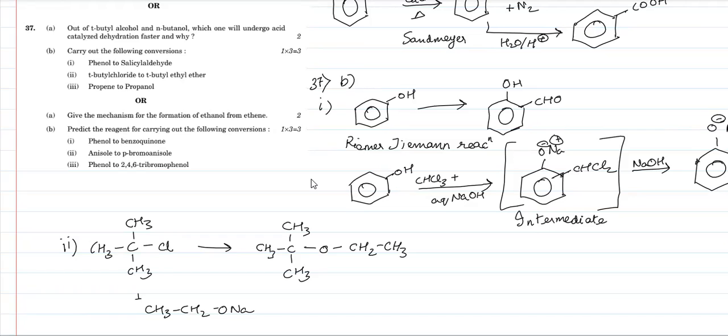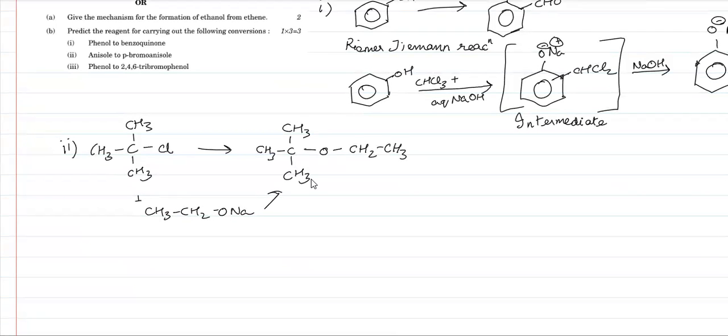But unfortunately, Williamson's ether synthesis cannot be used when your halide is a tertiary halide. When you do this particular reaction, we will not get this. Instead, we will get a double bonded group.